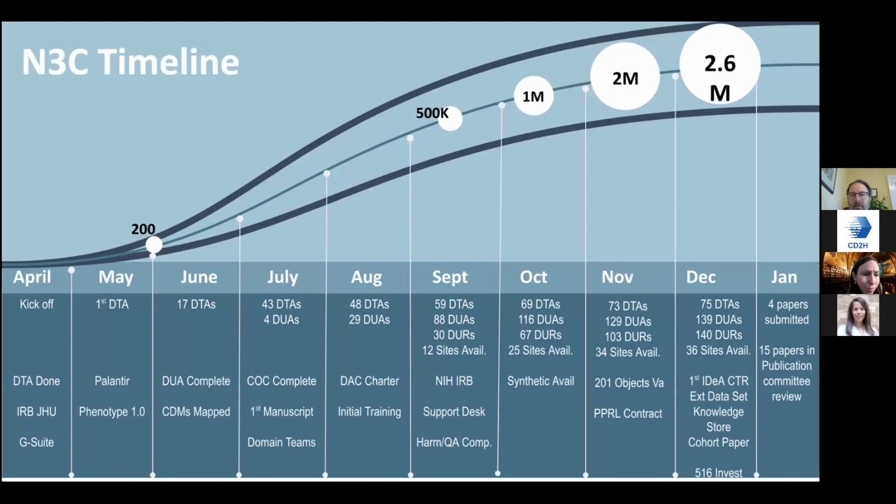And just to zip forward on the slide, by December of last year, just a few days ago, we had 75 data contributors who had signed DTAs, 139 institutions that had signed up to use the data. We had 140 unique projects, which represented actually 38 sites of available data now.